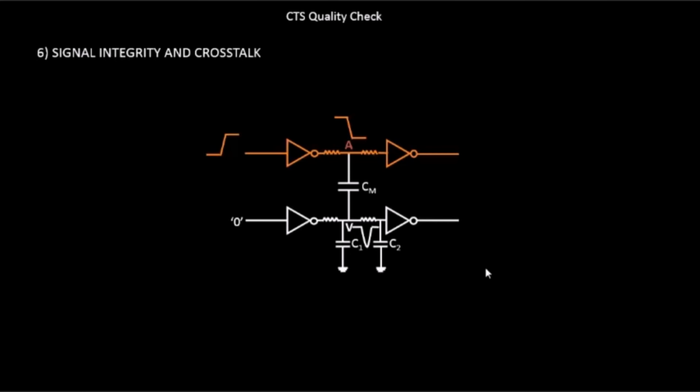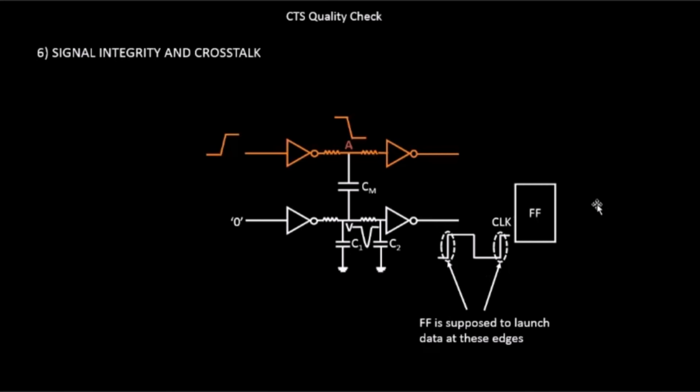Again, let us assume that this net is connected to the clock pin of the flop. Let's say this is a rising edge flop, and it is supposed to launch data at the rising edges of the clock.